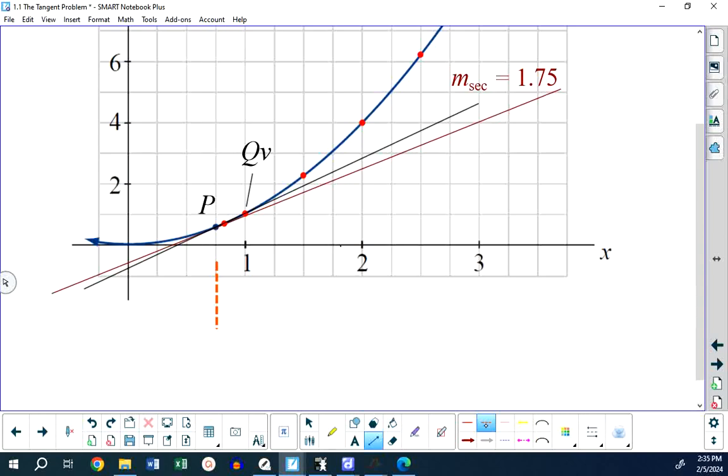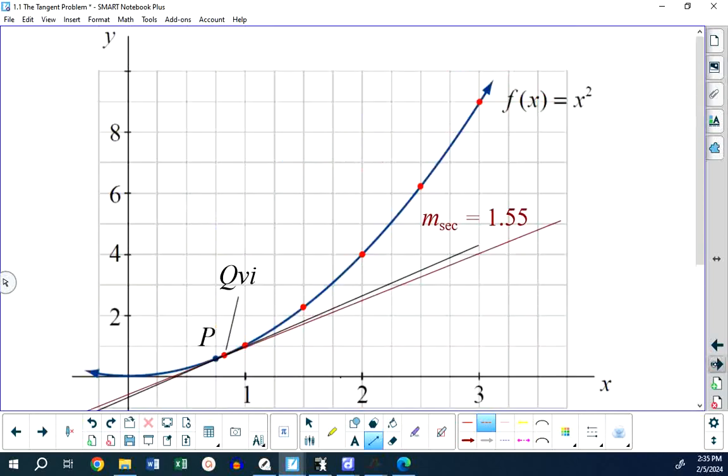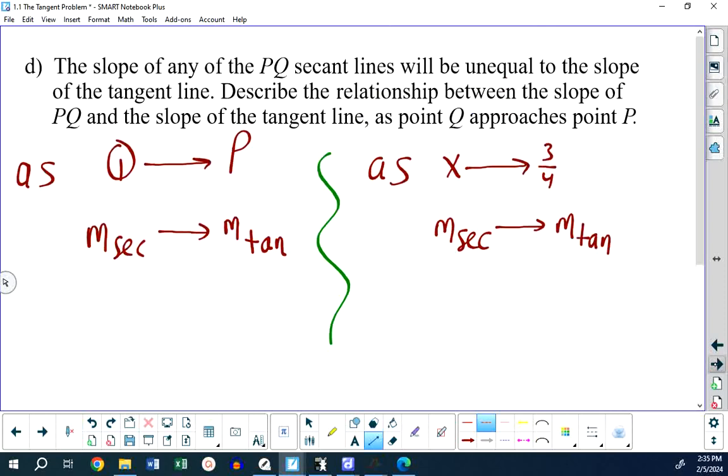No. Do you agree, I've made my decision on which way to go here, that when I say x is approaching 3/4, x cannot be 3/4? Why?